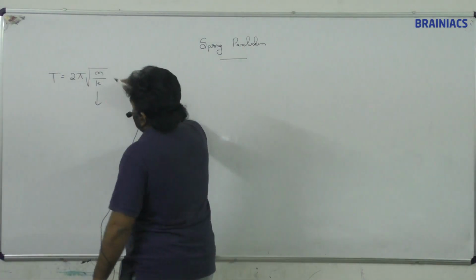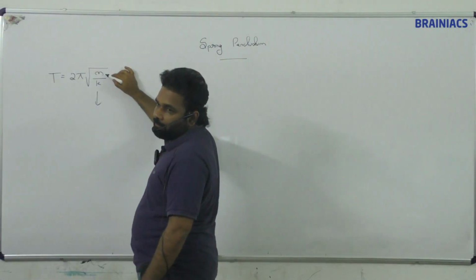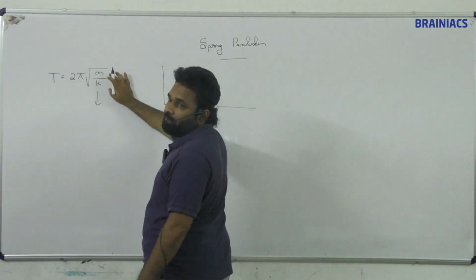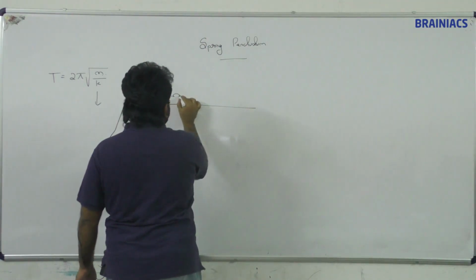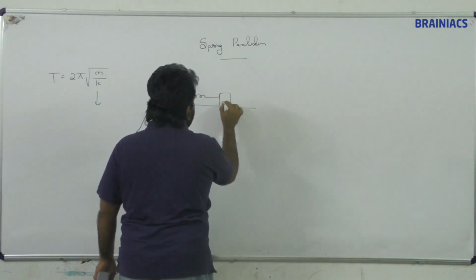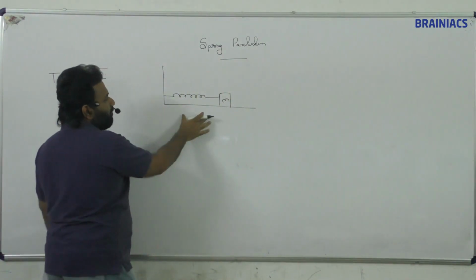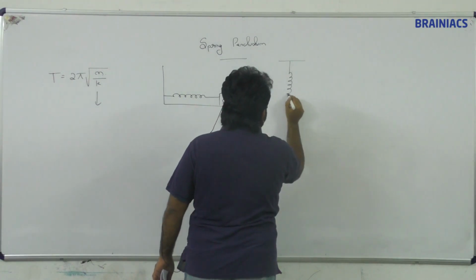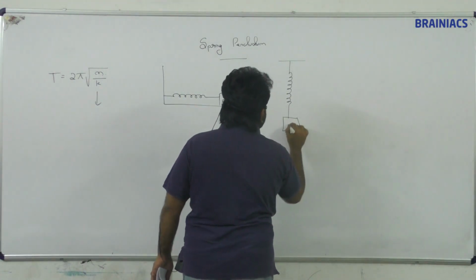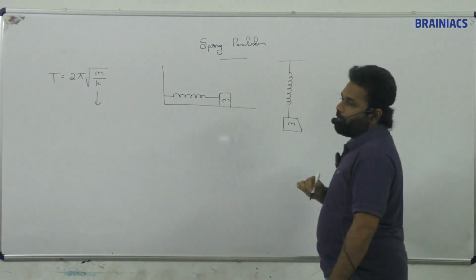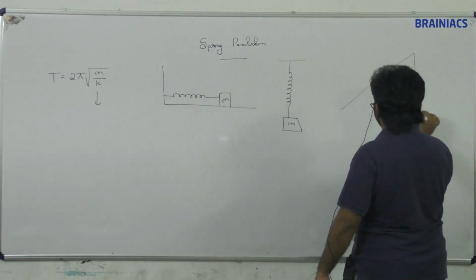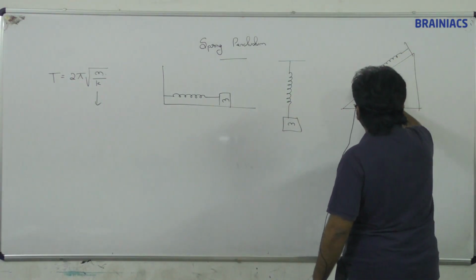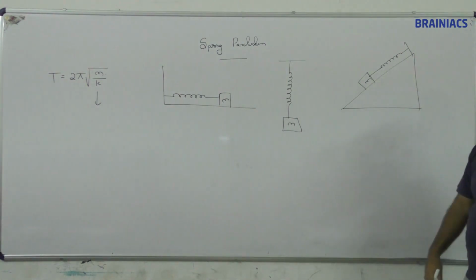Now, the mass of the block connected to the spring. If we keep it like this, or even if we keep it like this, will there be any change in the mass?